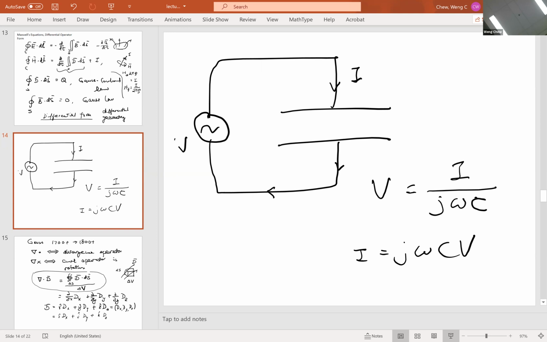That is what we learn as good electrical engineers. But we know that if omega is not equal to 0, there's a small amount of current. That current we call the displacement current that flows through the capacitor.